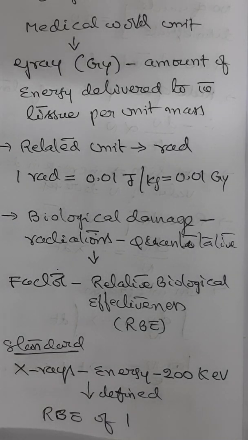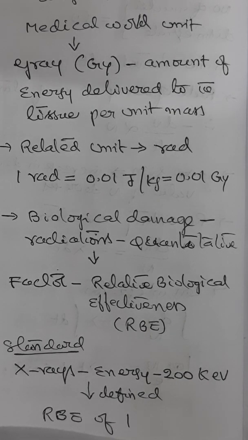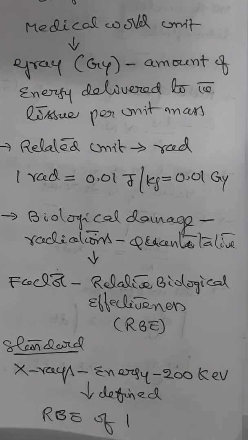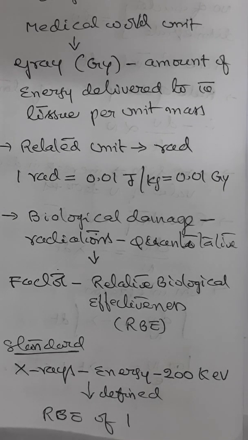In order to quantitatively measure the biological damage done by these radiations, a factor called relative biological effectiveness, abbreviated as RBE, has been introduced. It quantitatively measures the biological damage done by radioactive radiations to human bodies.